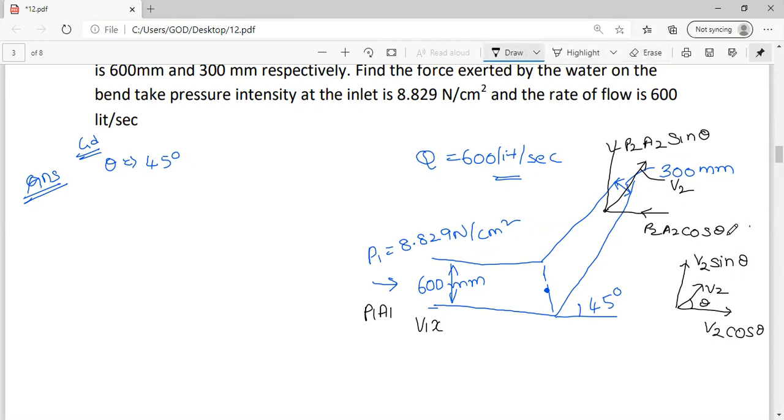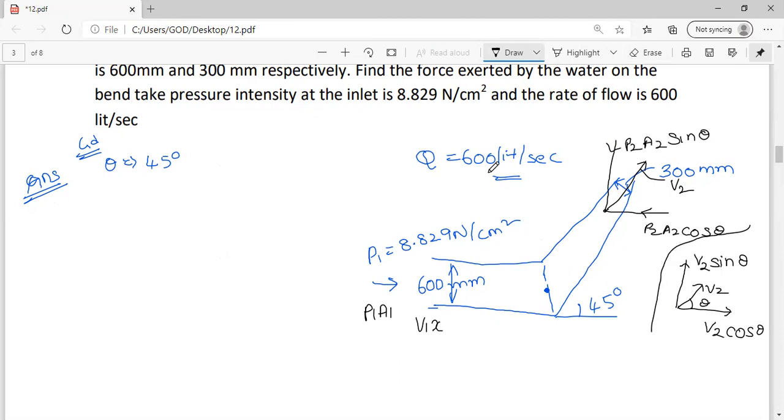Now from this you have to write the equations for this particular flow. If you observe carefully, I know P1, I know area 1, I don't know P2, P2 is unknown here, and A2 is known to you, even the angle is known.